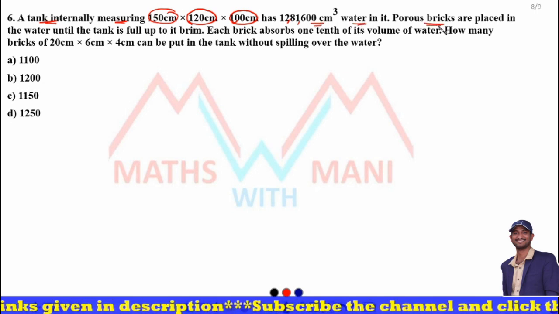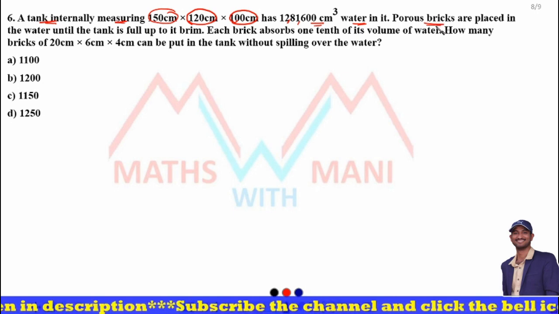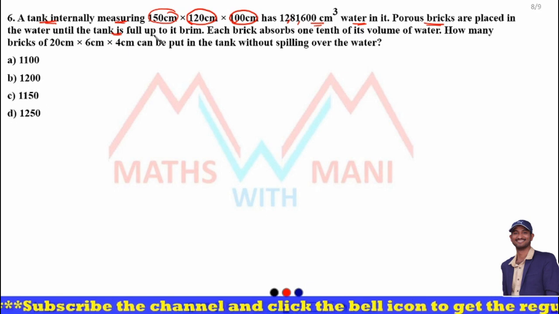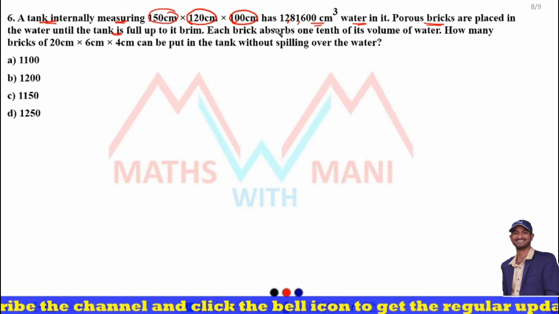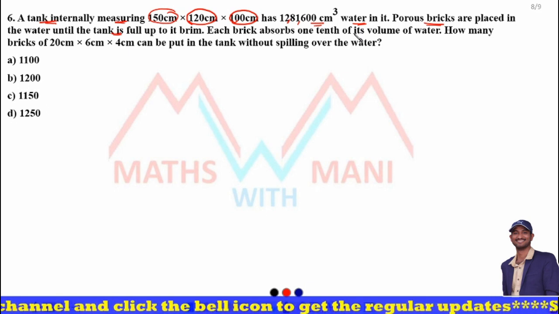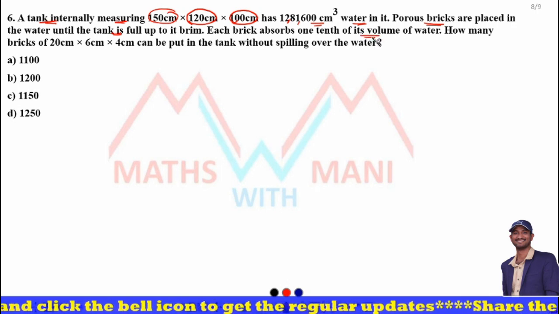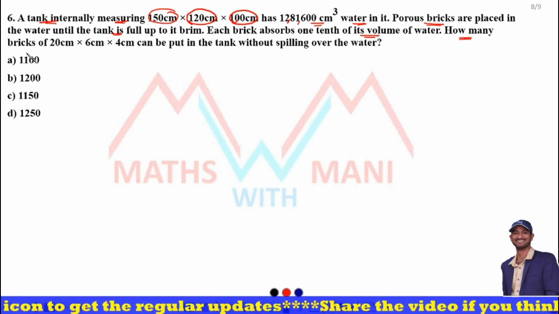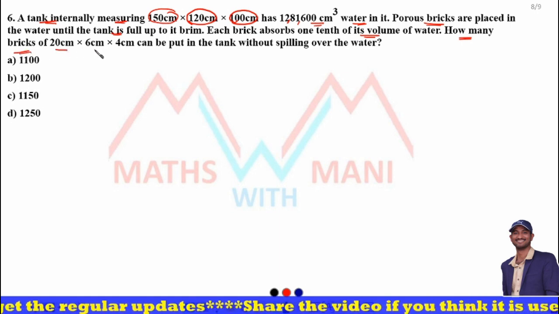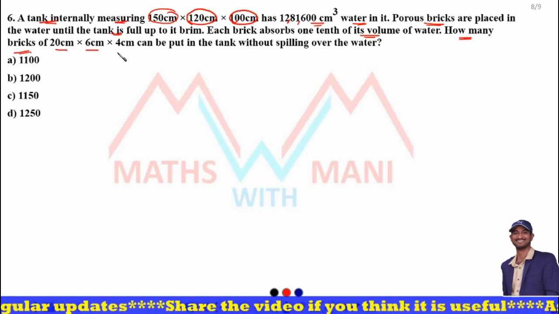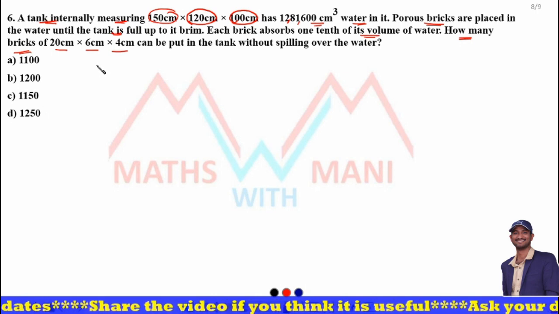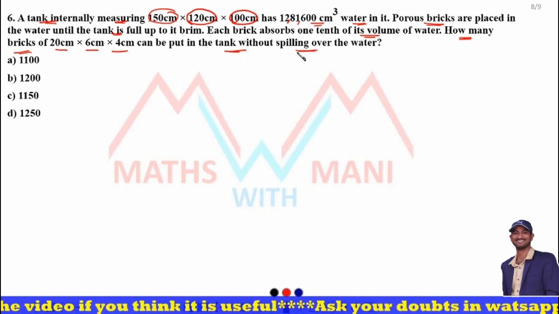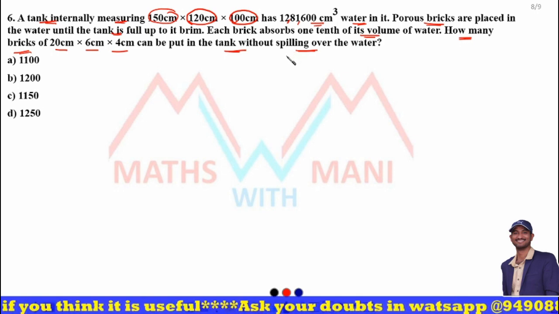Porous bricks are placed in the water until the tank is full up to its brim. Each brick absorbs 1/10 of its volume of the water. How many bricks of 20 centimeters by 6 centimeters by 4 centimeters can be put in the tank without spilling over the water.